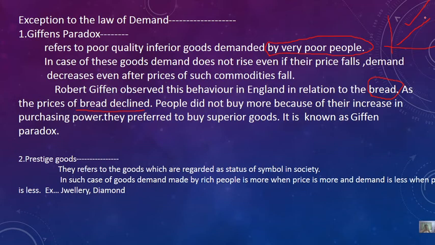But in the case of inferior goods, or Giffen goods, people do not buy the goods even when their price falls. They buy a superior quality of goods. So this is known as the Giffen paradox, which was observed by Robert Giffen in 19th century England in the case of bread.